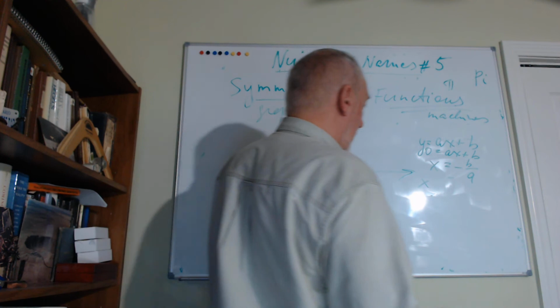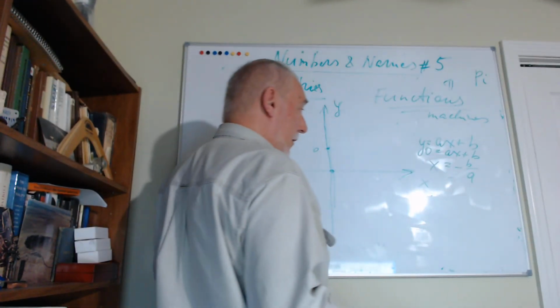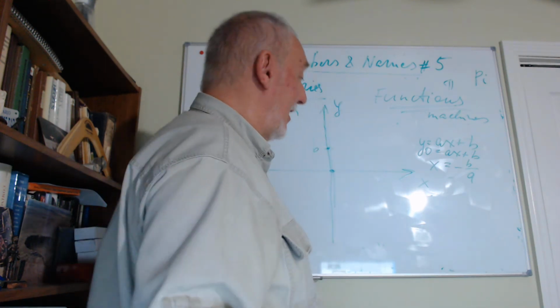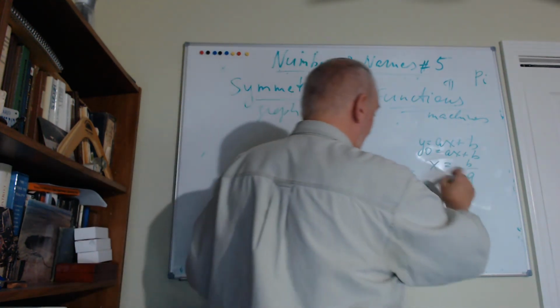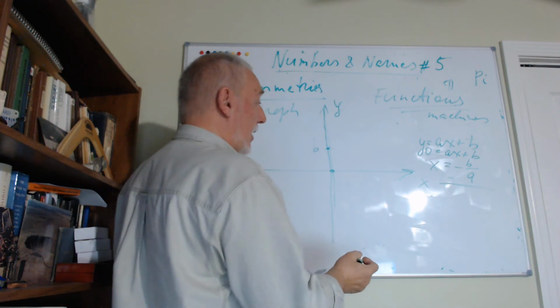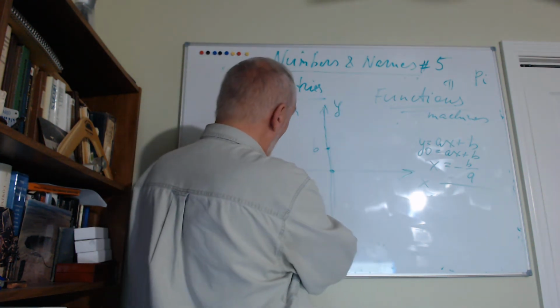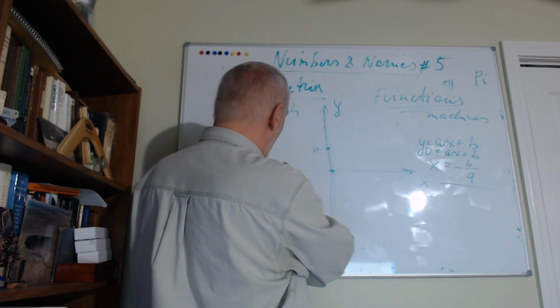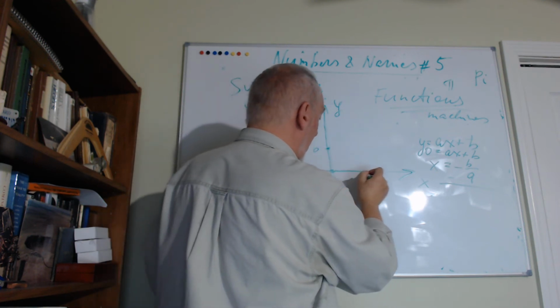Minus b over a. Okay, you play with it. So x for y equal to 0 is here. This line is y equals 0. All along this line, y is 0, right?